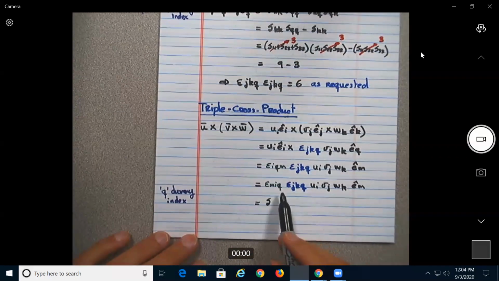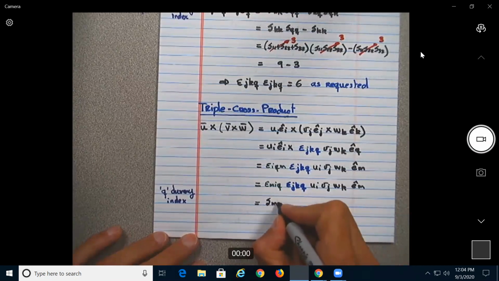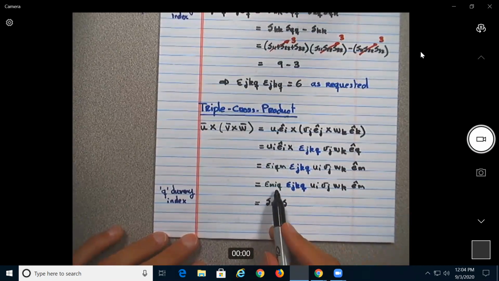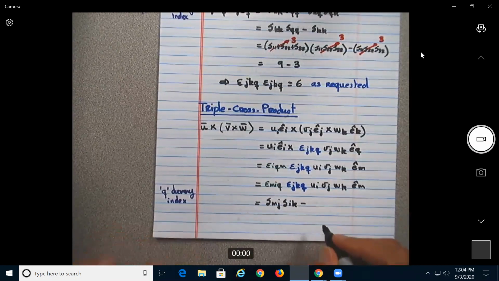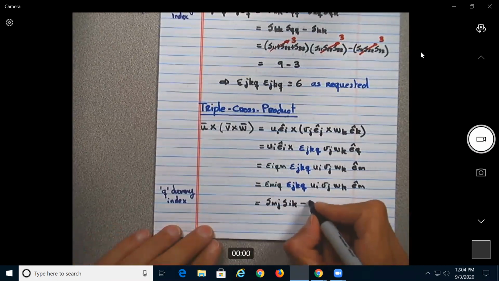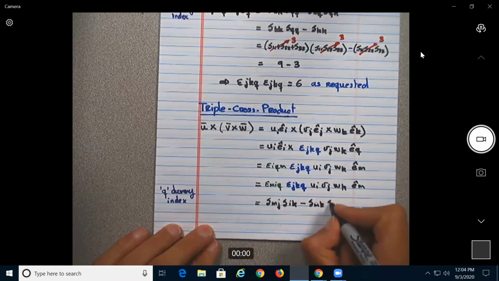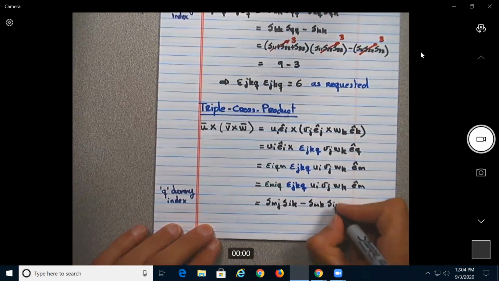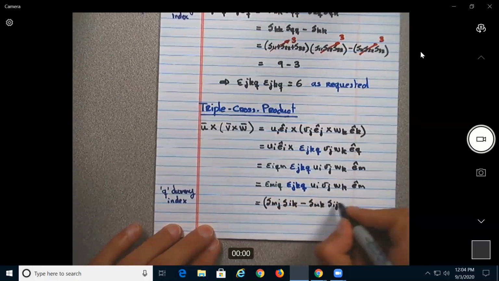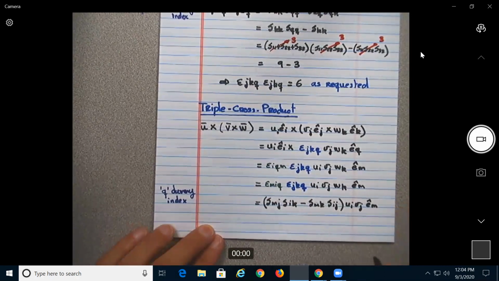Remember, we need to combine the first one with the first ones, will be delta M J, the second one with the second one, so I K, minus, now we switch the order, will be delta of the first one with the second one, MK, delta of IJ, of U sub I, V sub J, E of M.